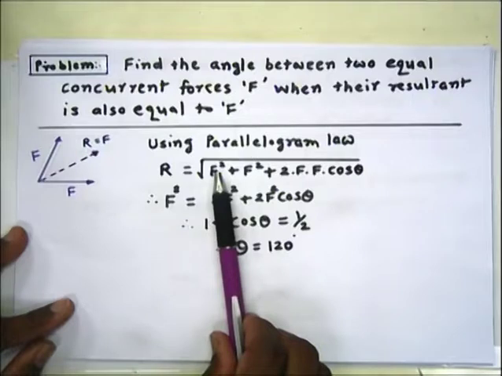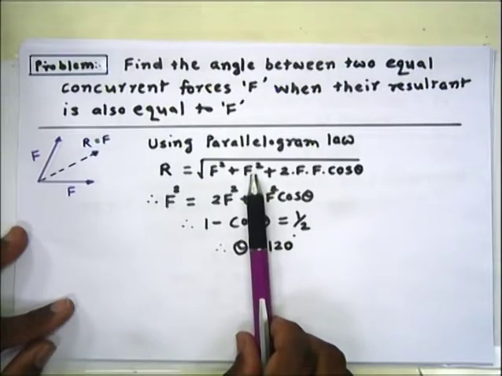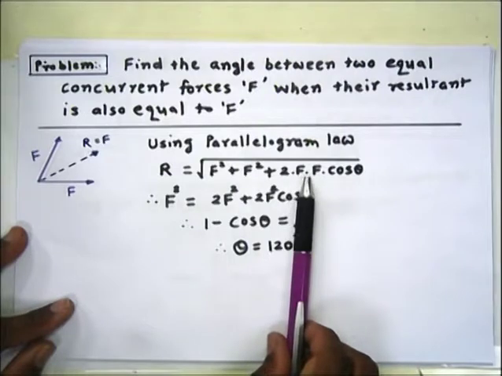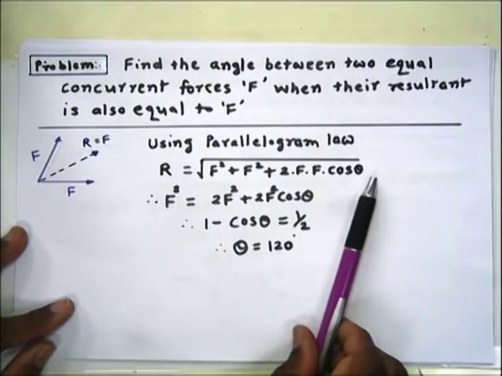Putting the values of each force, instead of P here it is F, and instead of Q it is also F. So 2F into F cos theta.